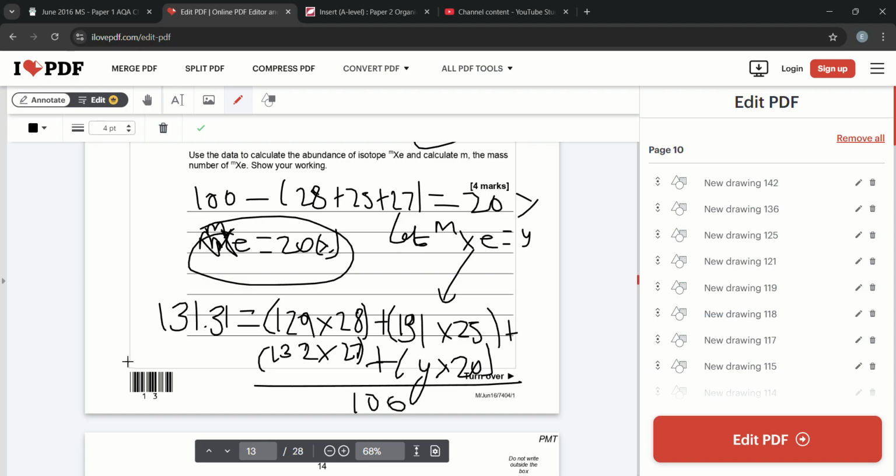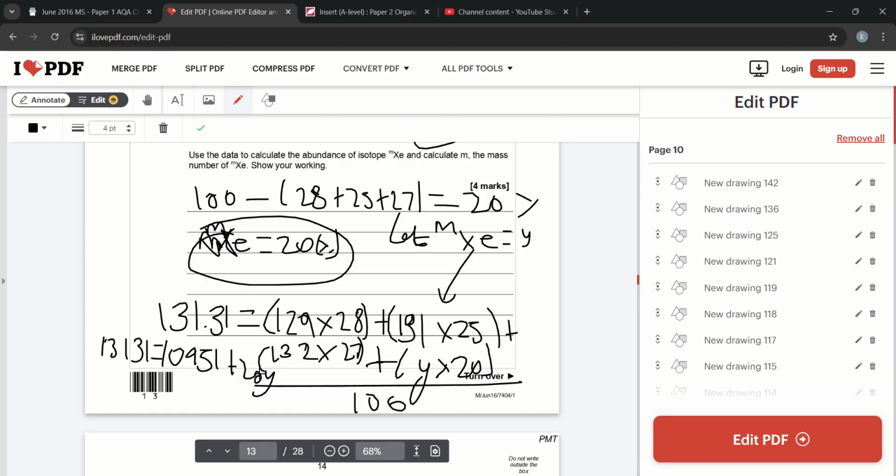So now we can times by 100, and we get 13131 equals, I've put all these values in my calculator, 129 times 28 plus 131 times 25 plus 132 times 27, which is 10451, plus 20y.